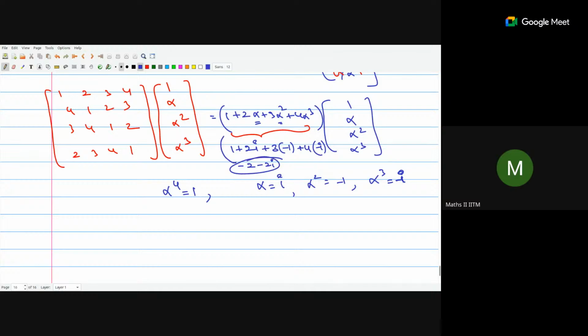So minus 2 minus 2i is another eigenvalue, and its corresponding eigenvector is this: 1 alpha square alpha cube, with eigenvalue minus 2 minus 2i. So this is the second eigenvector we get, and this is the second eigenvalue.